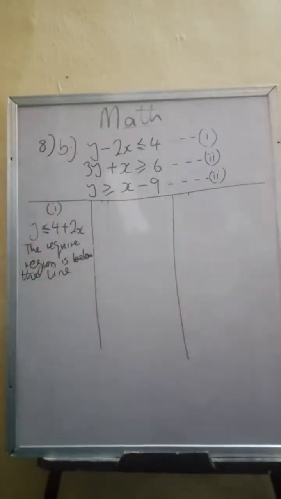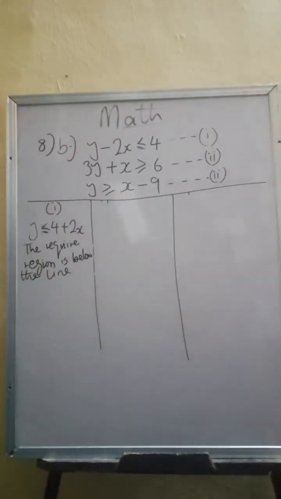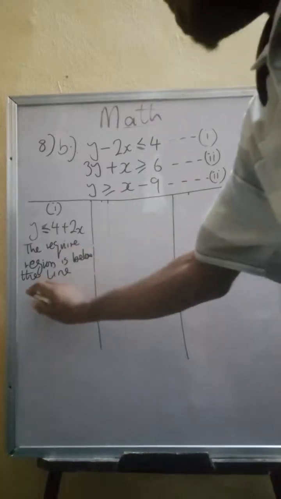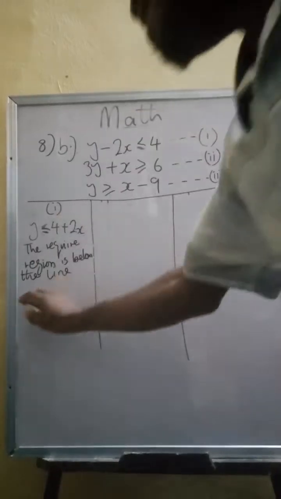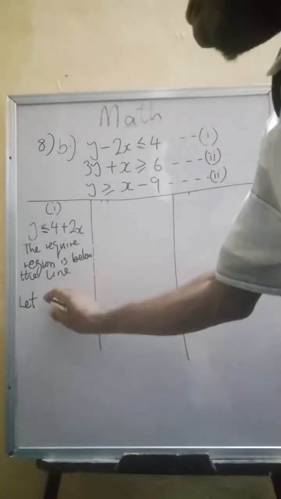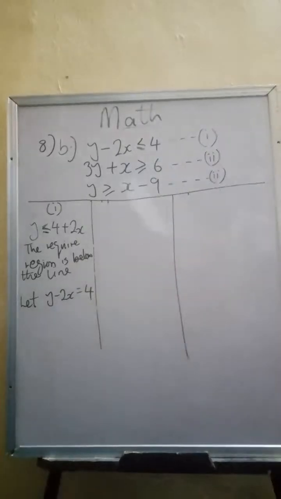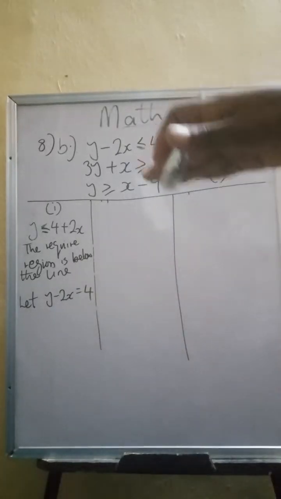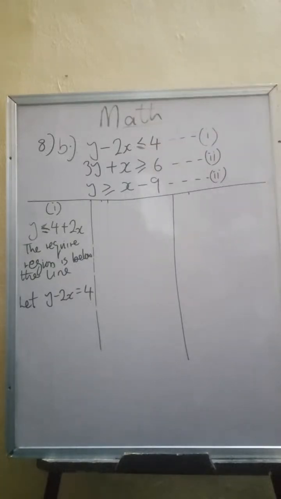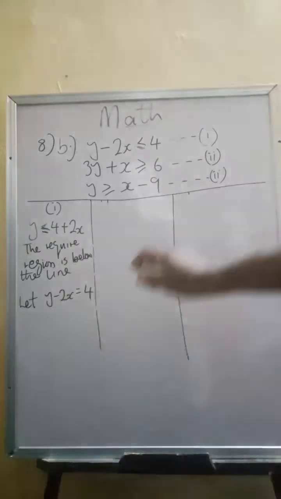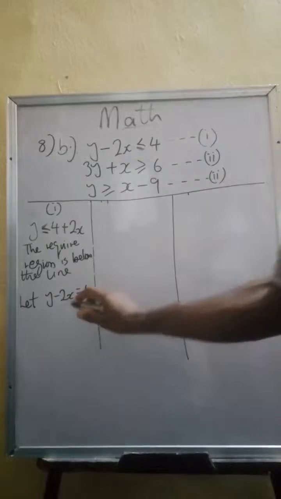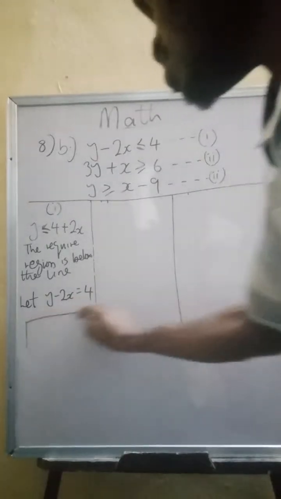Whenever I say less than, it means something that is below, under, and just think of other synonyms like behind, backwards, and so on. So the next thing you want to do is let y minus 2x equal 4. So we're having the equation so that we can find at least 2 points through which the line passes. And there you go. I would always love to use a table.